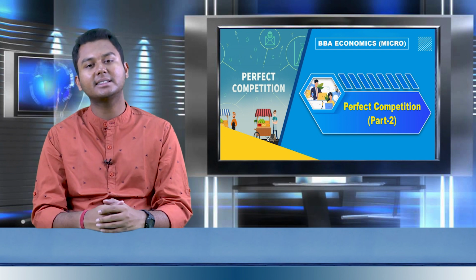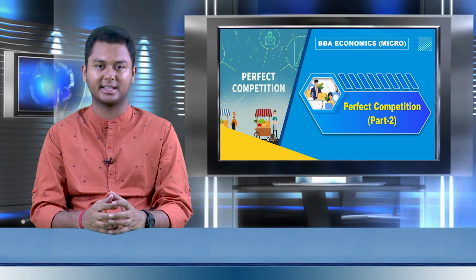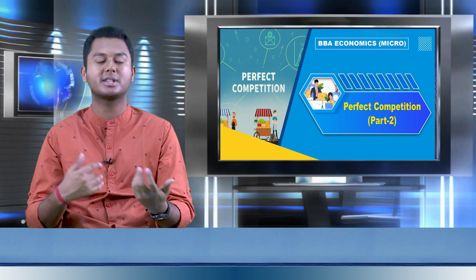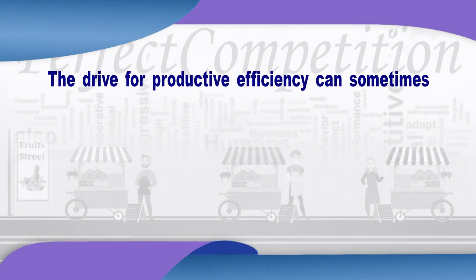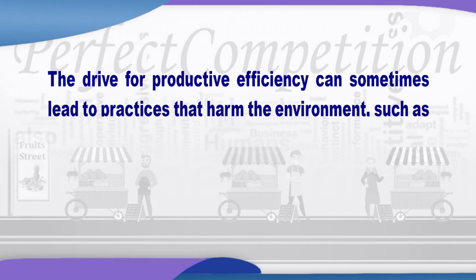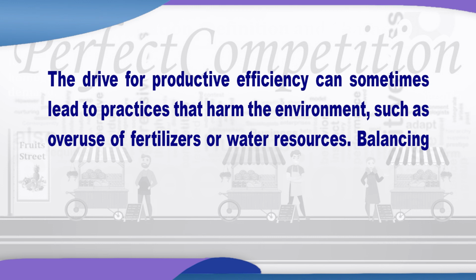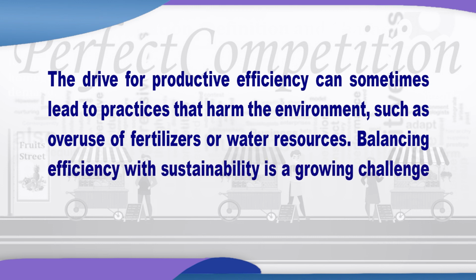While these interventions aim to stabilize farmers' income, they can sometimes lead to overproduction or reduced incentive for efficiency. The drive for productive efficiency can sometimes lead to practices that harm the environment, such as overuse of fertilizers or water resources. Balancing efficiency with sustainability is a growing challenge in agriculture.